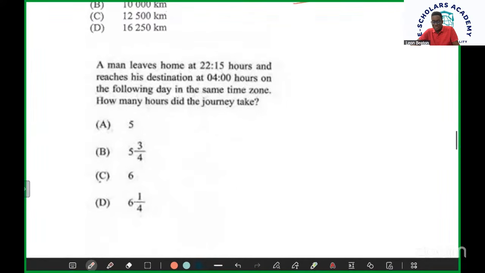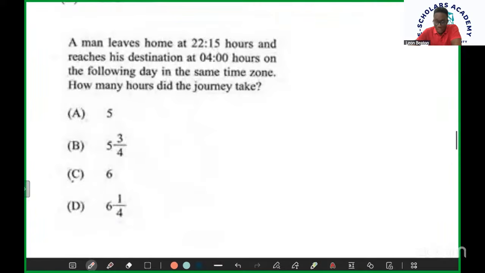All right, this one here, the one hurt our head a bit. So very similar question, slightly different. So a man leaves home at 22:15 hours and reaches his destination at 4 hours on the following day in the same time zone. How many hours did the journey take?